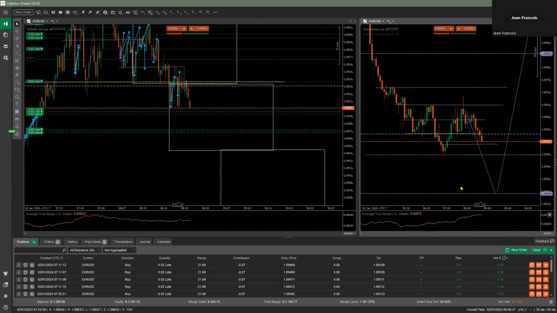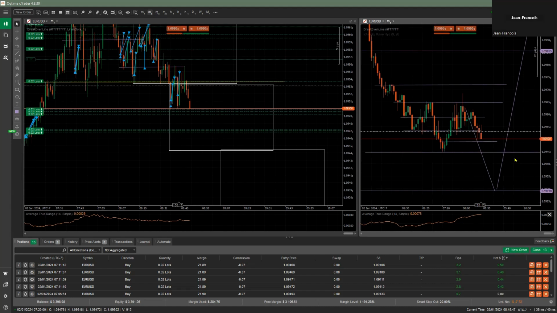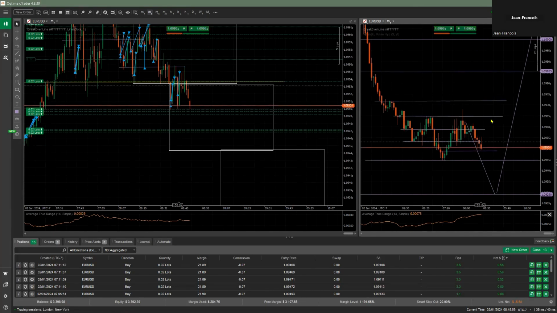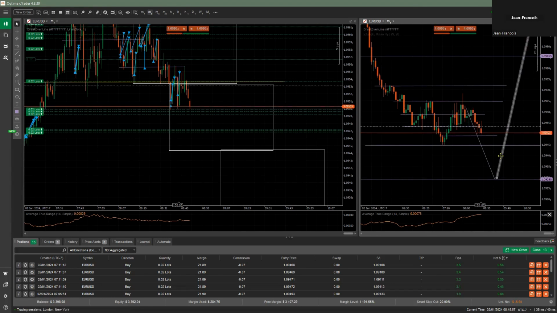We only have 10 more minutes together and then I'll have to let you go. But the plan remains: we want to be buying for support, and ultimately we want to be selling at resistance somewhere near 1.1. So it's a matter now of layering this position.